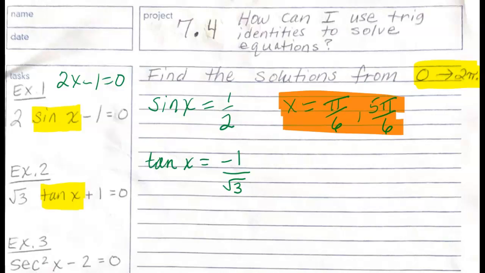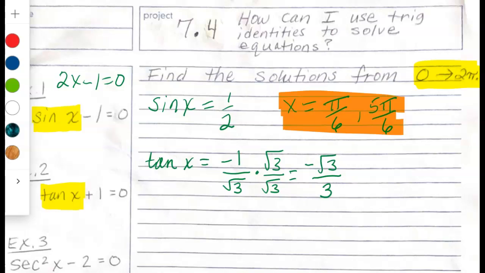It doesn't make a difference. If you want to solve it properly, that's fine. If we get the square root out of the bottom, we would get something like negative square root of 3 over 3.